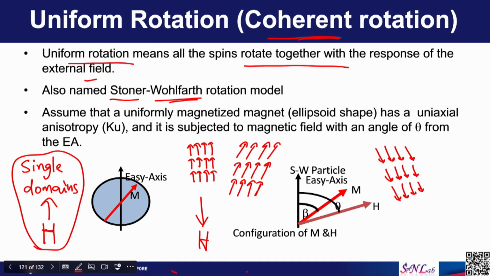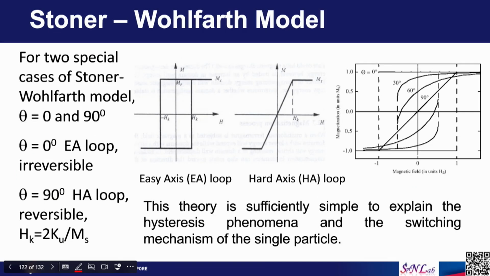Okay. So, according to this Stoner-Wohlfarth reversal mechanism, let us just highlight the results rather than the derivation. So, let us say now we are taking just one particle. Okay.